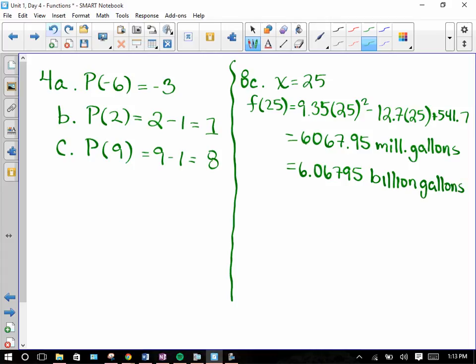So that proves that in year 25, so 2002 maybe, it looks like they're going to have over 6 billion gallons of water. Questions about that? So again, you just estimate, and then you plug the number straight into the equation.